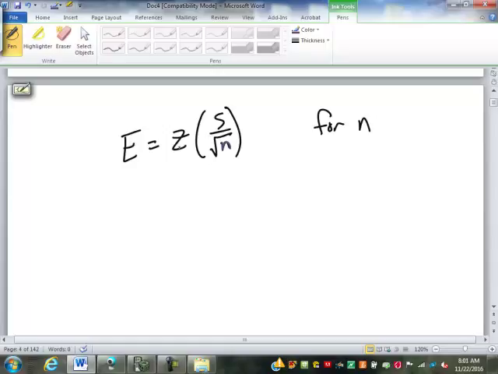The first thing I need to do is get this set up as a fraction, or as a proportion. So this whole part here, the parentheses, have been multiplied by Z. I'm going to divide by Z. So what I have here is E over Z equals S over the square root of N.